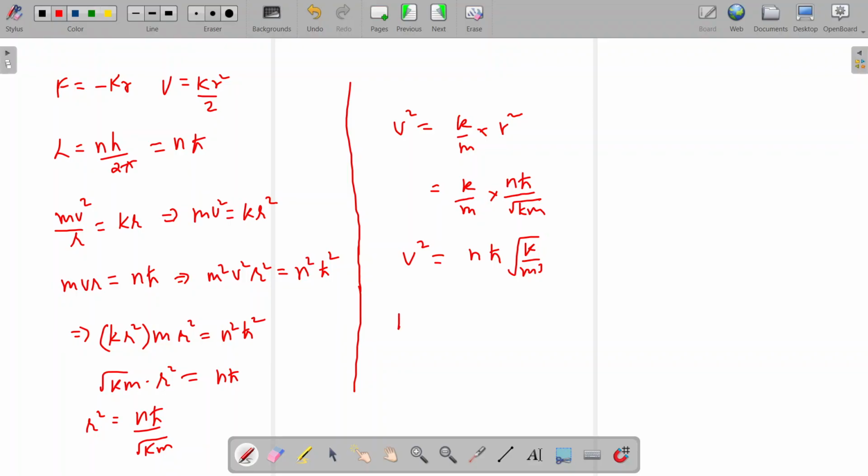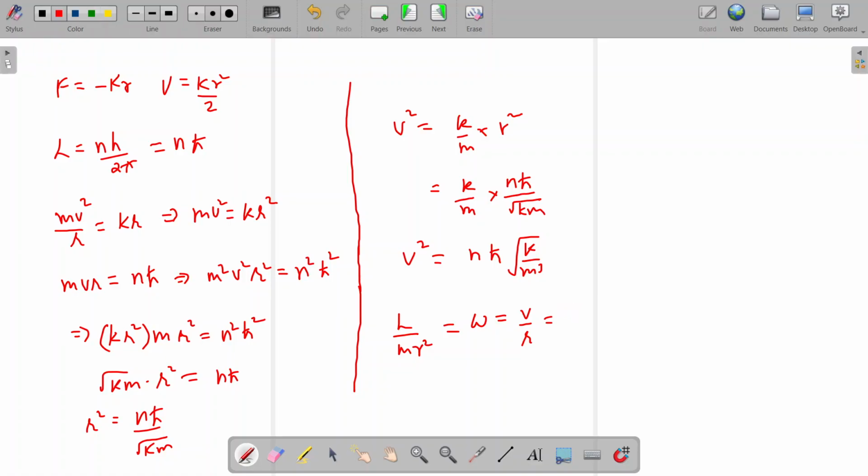Then the third option is L by m r square. What is that? So L by m r square, you would think it is angular momentum divided by moment of inertia, which is angular speed. And what is angular speed? It is simply speed divided by r.